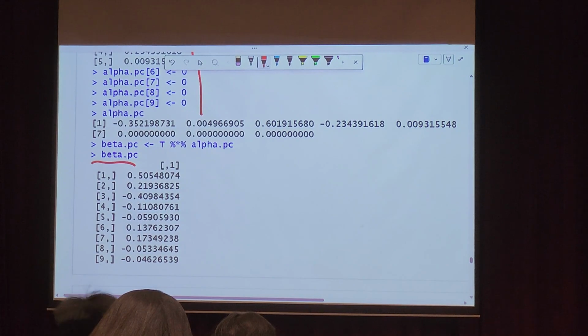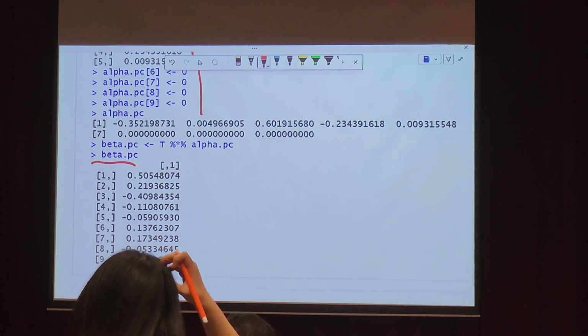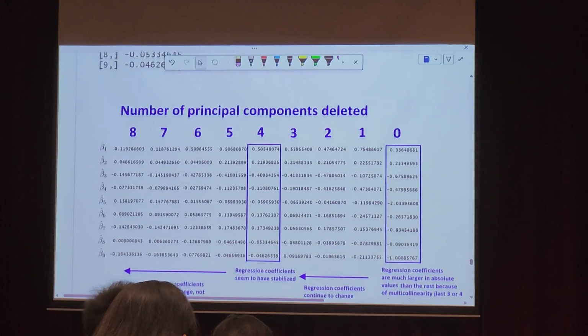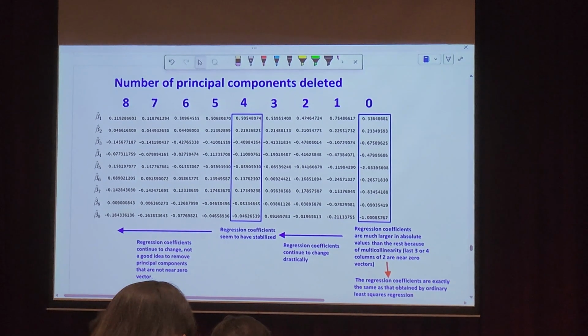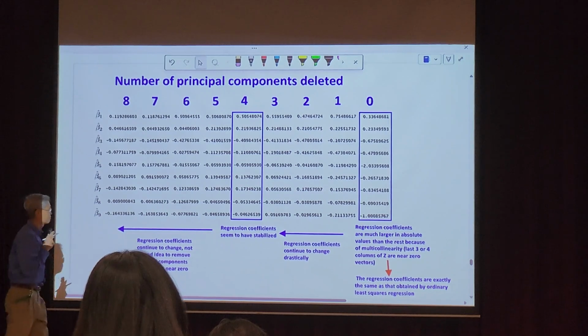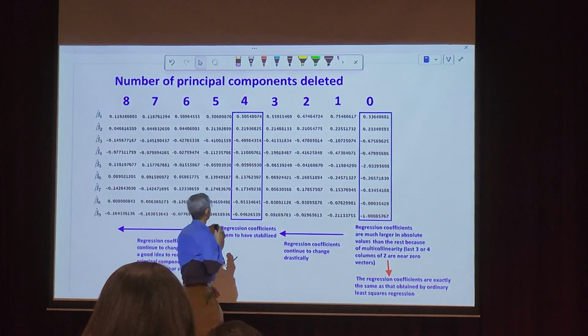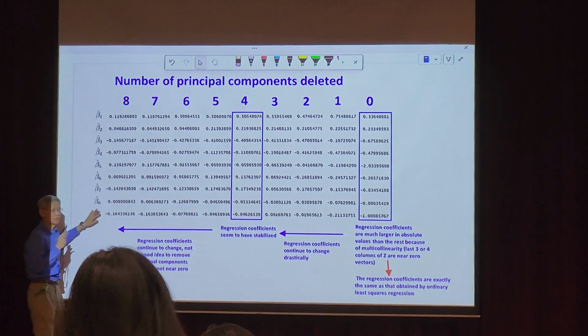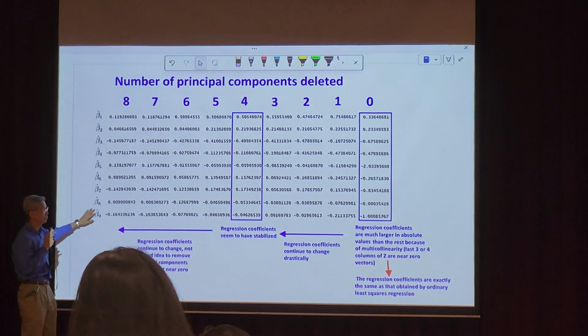So here I've demonstrated by assuming the last 3 columns to be 0 or the last 4 columns to be 0. So here's a summary. This is beta 1 to beta 9, obtained using principal component regression.